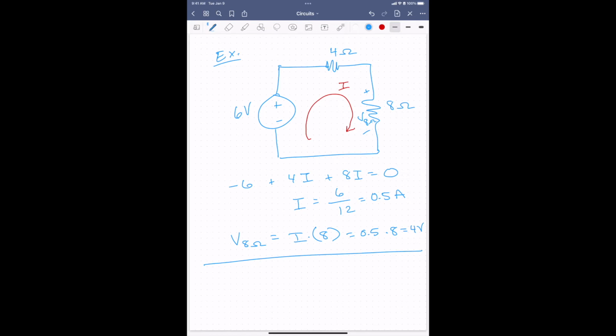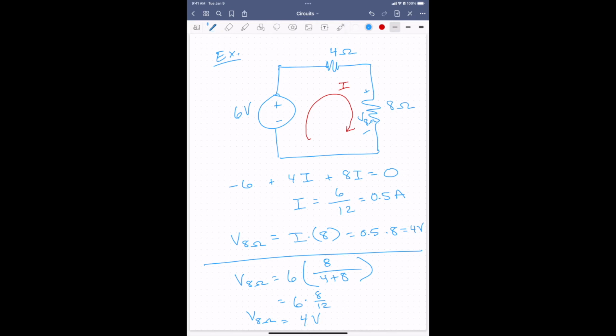Similarly, using voltage division, V8 ohms is equal to the source voltage, 6 volts, times the 8 ohm resistor over the sum of the two resistors. That gives me 6 times 8 over 12, which is 6 times 2/3, which gives me 4 volts if you plug it in.